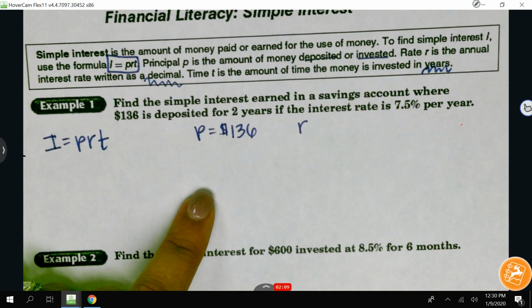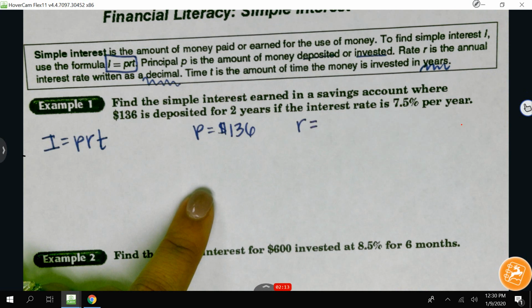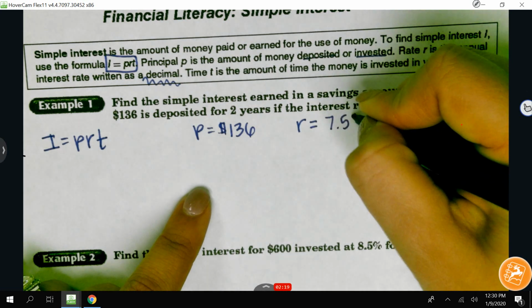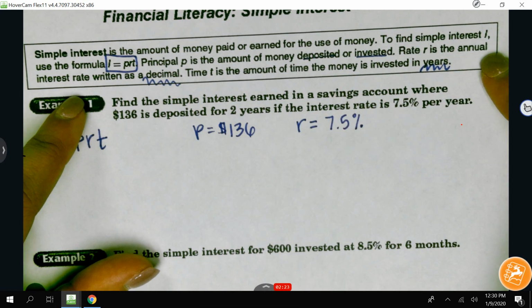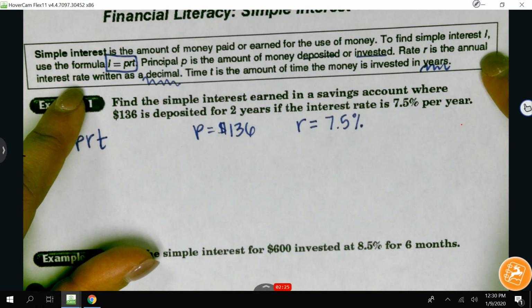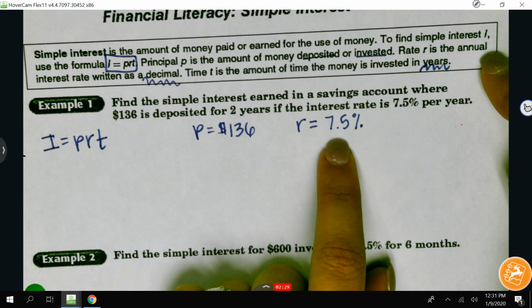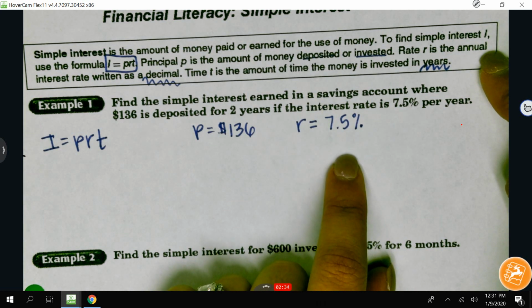The R is the rate. So what was the rate given? 7.5%. Up here, what did we say the rate has to be written as? A decimal. Yes, this has a decimal, but it's a whole number with a decimal. This has to be written as solely a decimal, so 0 point something.